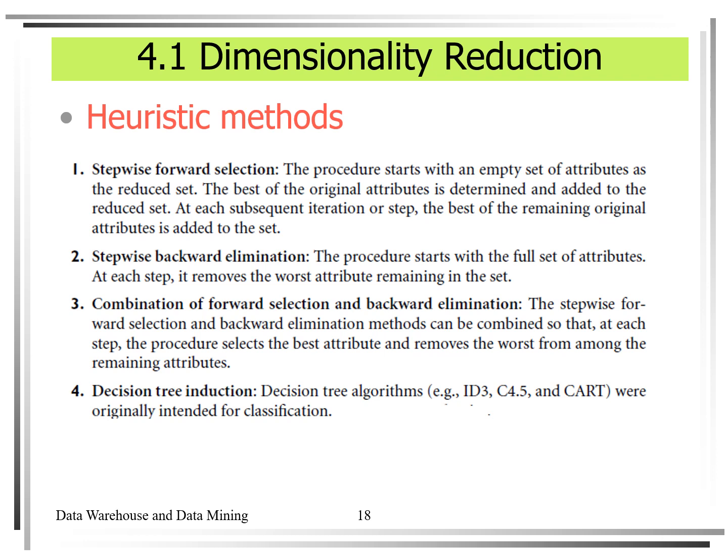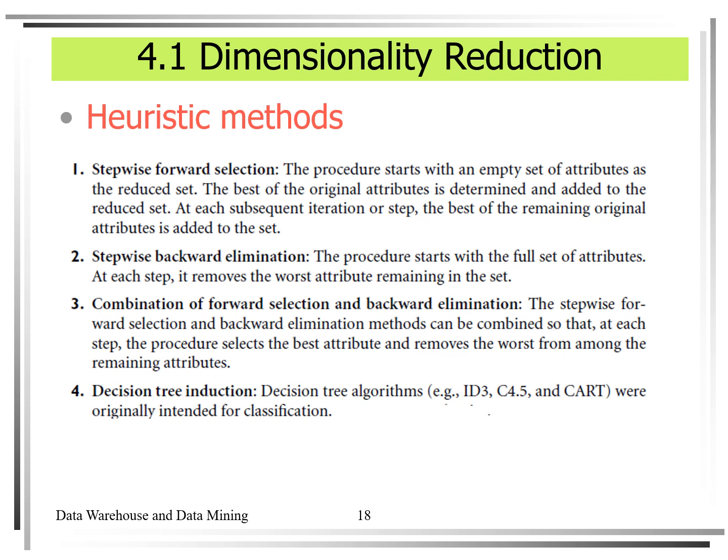Combining forward selection and backward elimination means that at each step we decide what is the best attribute to add and what is the worst attribute to remove.